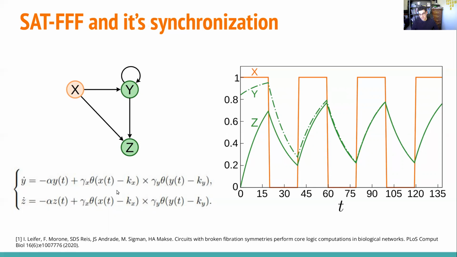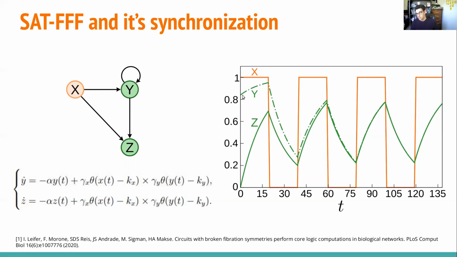It's easy to see that if x is less than k, then this whole right side is 0, and both y and z are just two decaying equations that decay to 0. If x is higher than k, and y is higher than k also, then this right side is just going to be equal to 1, and they're both going to go up to the same value.